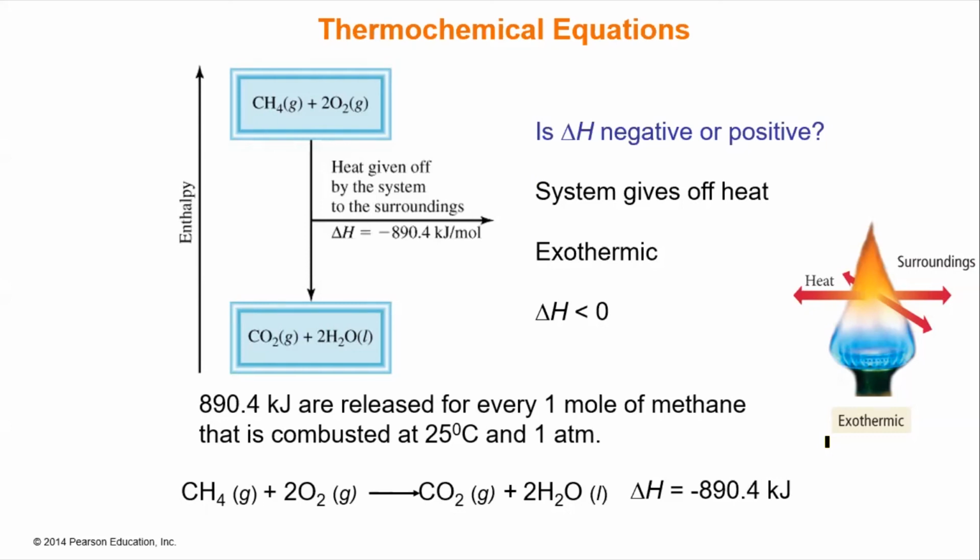And we find this extra piece of information, a delta H of minus 890.4 kilojoules. This is what we call a thermochemical equation. It has the fully balanced equation itself, and to the right, the value of delta H.